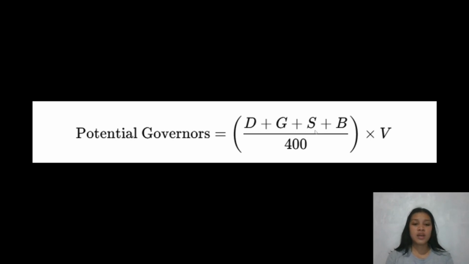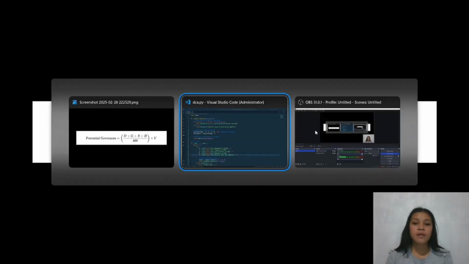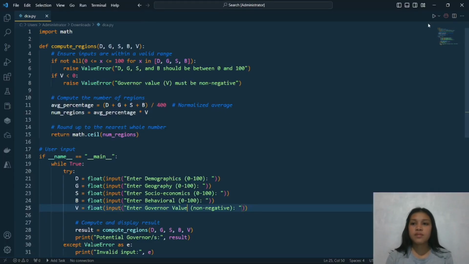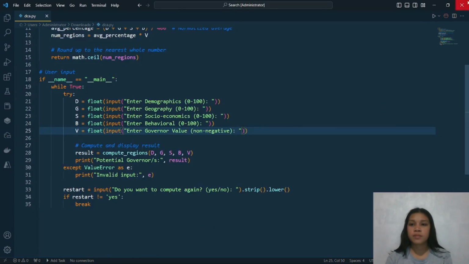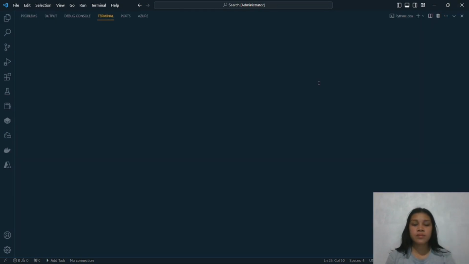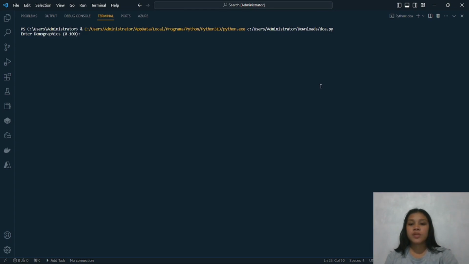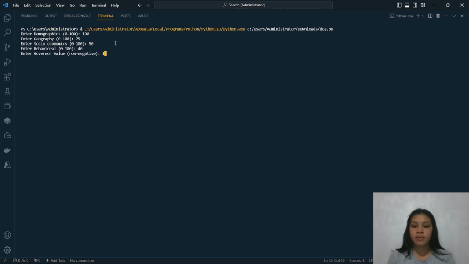So let's try 5 sample test cases. Let's run this program. In test case 1, let's start with 100, 75, 50, 40, and 10.